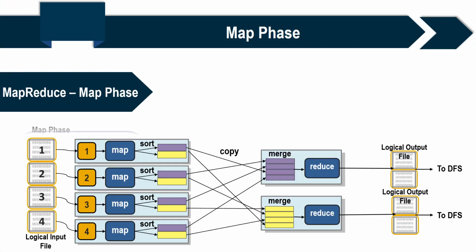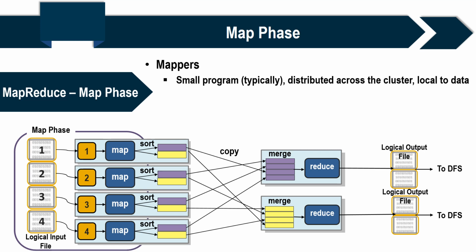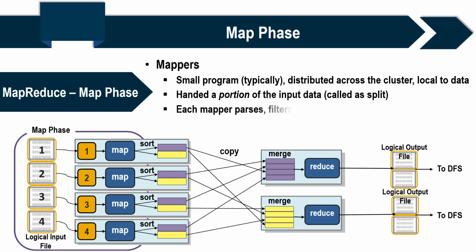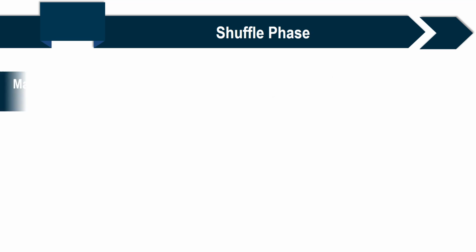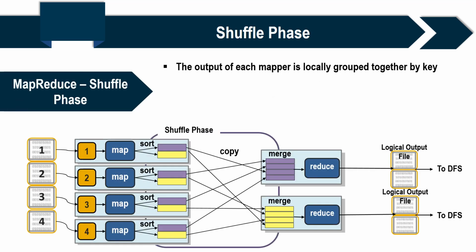The map phase is a small program distributed across the cluster, which is local to data. It handles a portion of input data. Each mapper parses, filters, or transforms its input and produces grouped data in key-value pairs. In the shuffle phase, the output of each mapper is logically grouped together by key.